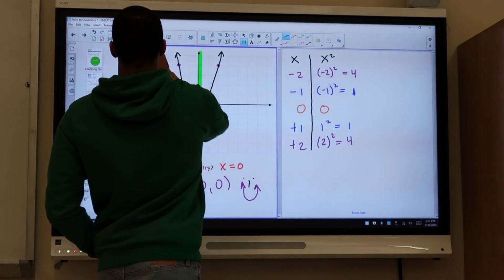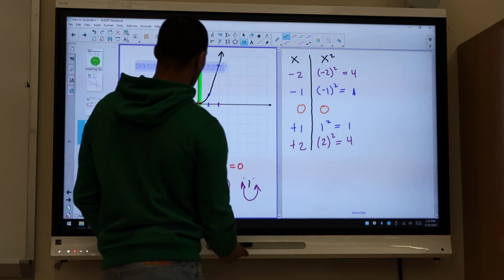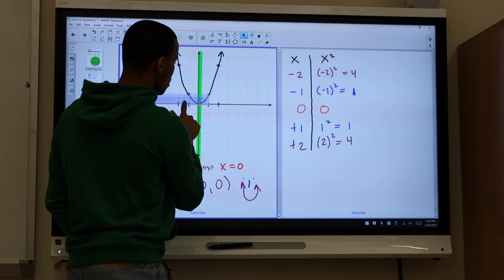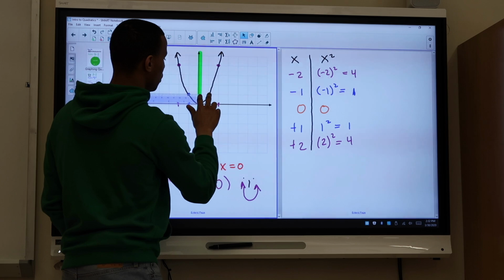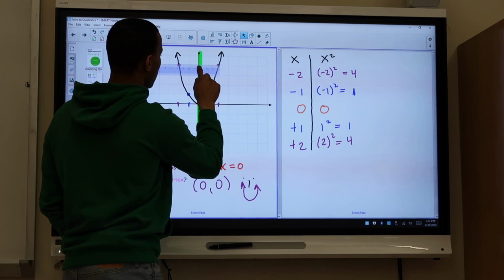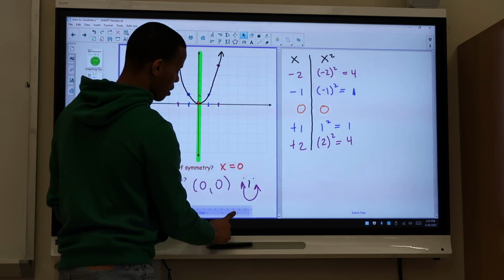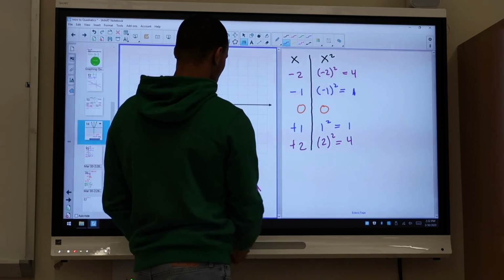Because if I was to take a ruler and measure the distance from this point to that point, let's say this will be 1. It will be the same distance from this end to that end, and then from this point to that line, and this point to that line. So that's something cool that you can do with your axis of symmetry.